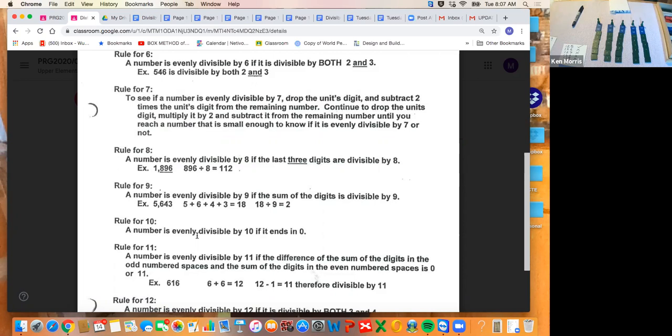So I would change that, I would just say a number is divisible, okay? Because that's what divisibility means. If you want to stress that it's divisible without remainders, you can do that, but I wouldn't recommend using this evenly. Okay, a number is divisible by 10 if it ends in 0.